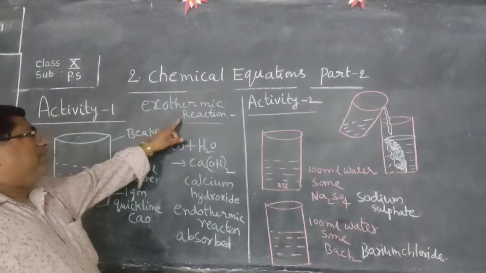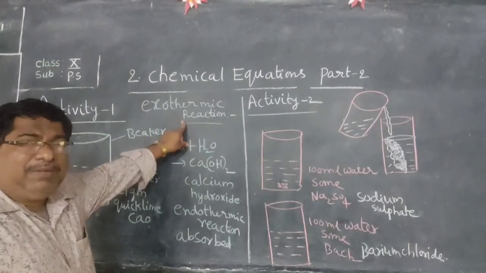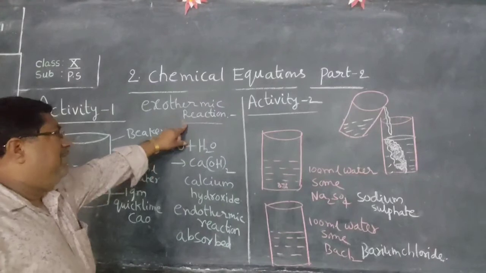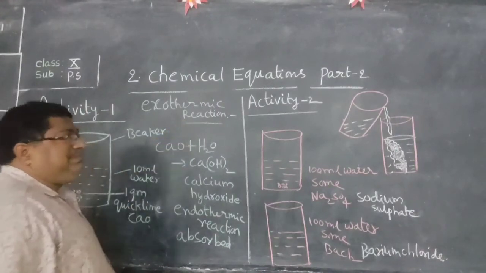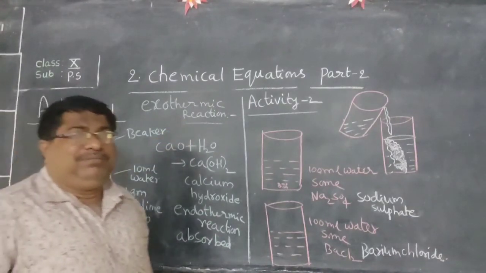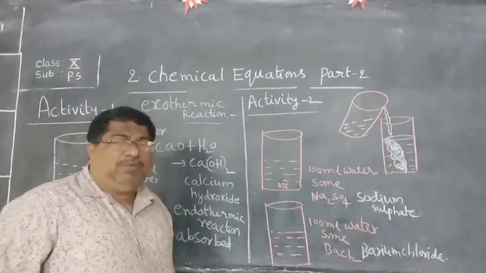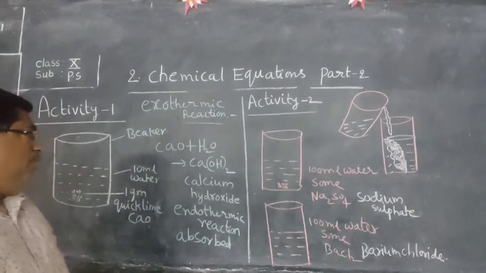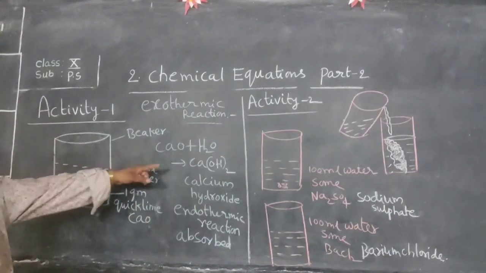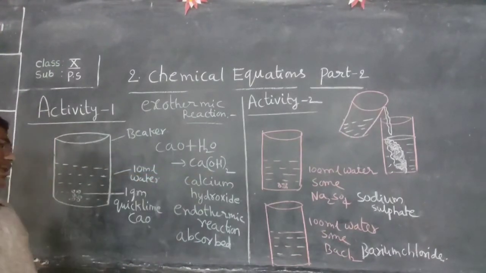And what is an exothermic reaction? The chemical reaction in which heat is emitted, released, or evolved. So now calcium hydroxide solution is formed.